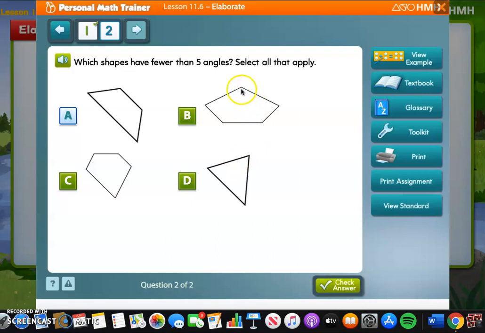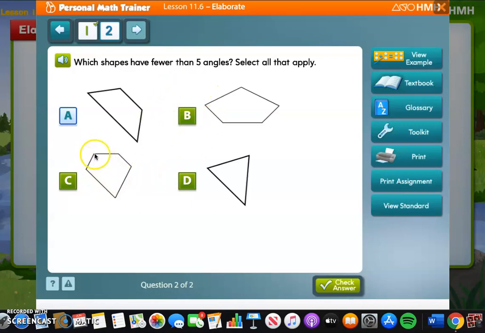Let's check B. 1, 2, 3, 4, 5. So this one has 5 angles exactly. So when it has 5 angles exactly, that means that it is not fewer than 5 angles. So B would not fit into this category.